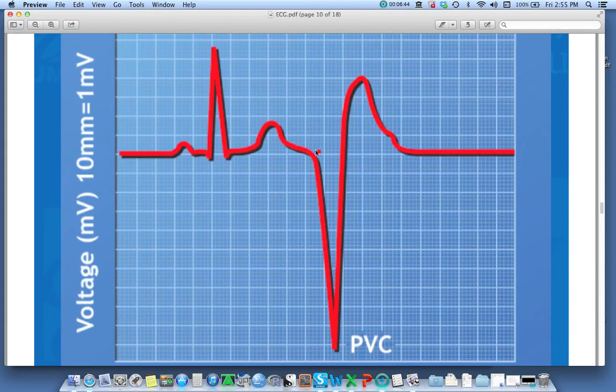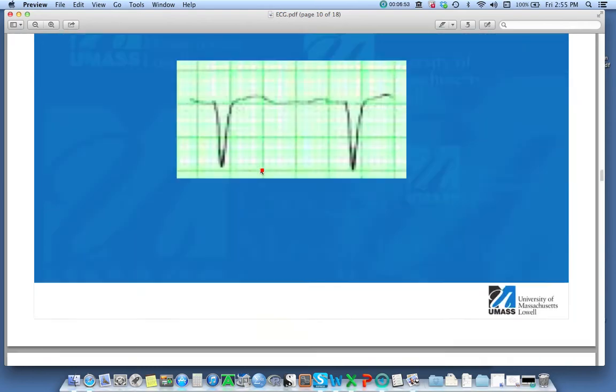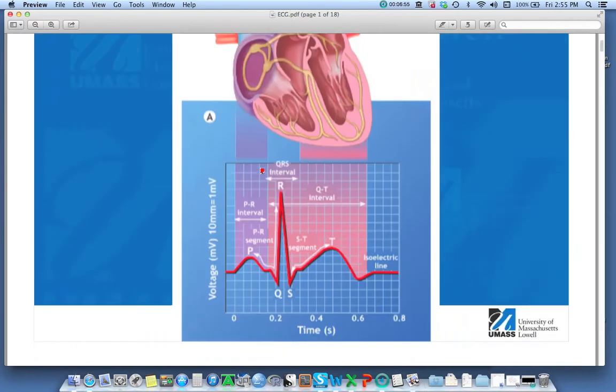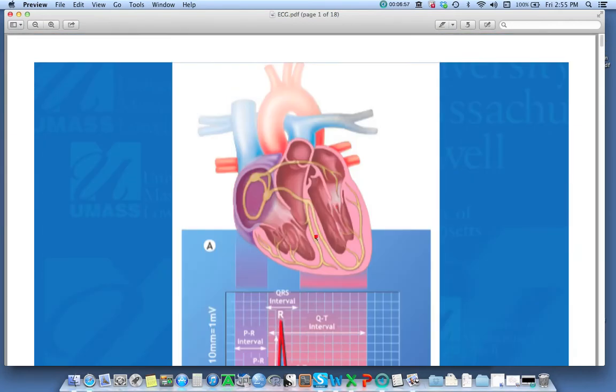Well, the main reason for it being large and particularly wide, wider than the QRS complex, is that the action potential is traveling through the ventricle by a means other than the normal conduction pathway. So let's say these cells right here depolarize.